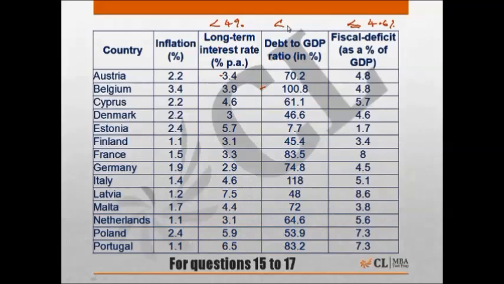So let's see which are the countries which satisfy all the conditions. First, long-term interest less than 4%. We need to look at 1, 2, 3. I'll just keep ticking on them. Okay, so these are the countries which have long-term interest of less than 4%.